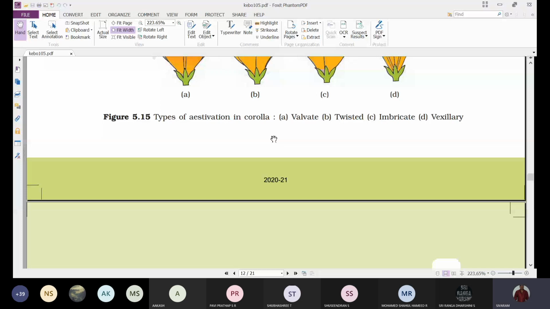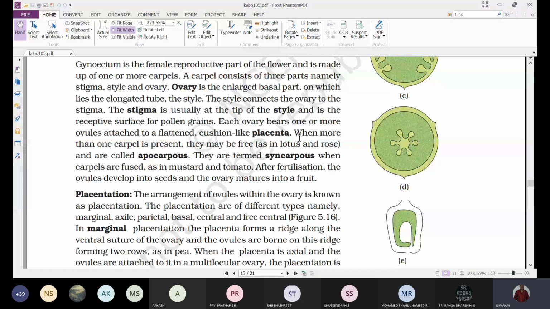Next, the internal structure of the ovary. Each ovary bears one or more ovules attached to a flattened cushion-like placenta.